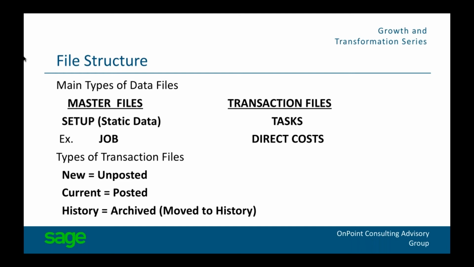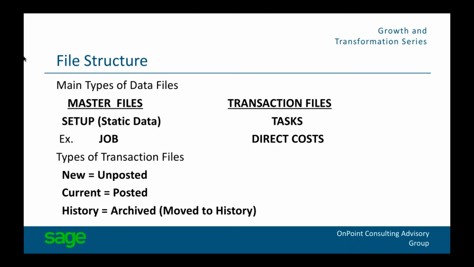So it's the job name, the job number, of course, maybe who's the project manager. It does have buckets in there that accumulate the cost, but it's just a snapshot in time. That's everything that's posted against that job right now. It can't tell you when that cost came in. It just knows this is what it is right now. So an example of the master file is the setup of the job.